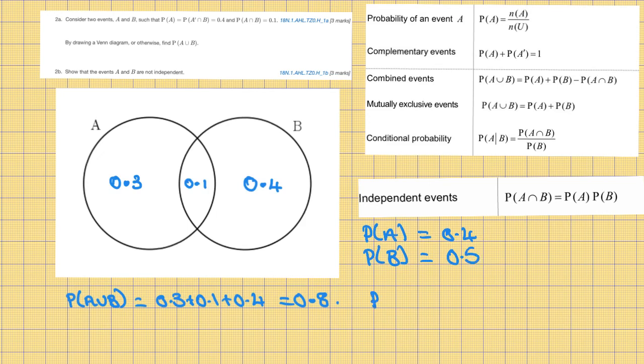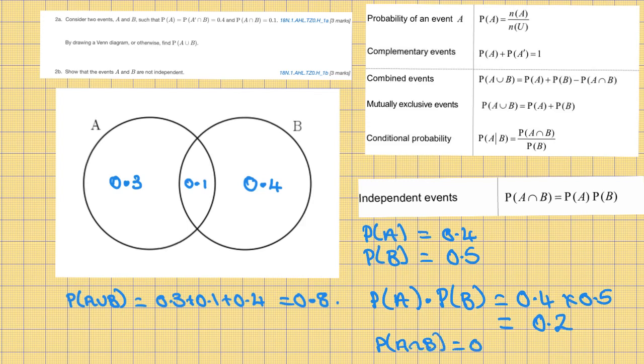So the probability of A times the probability of B is equal to 0.4 times 0.5, which is equal to 0.2. But the probability of A intersection B is equal to 0.1, therefore not independent.